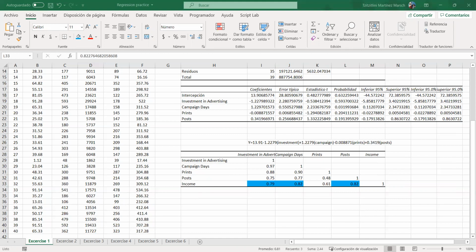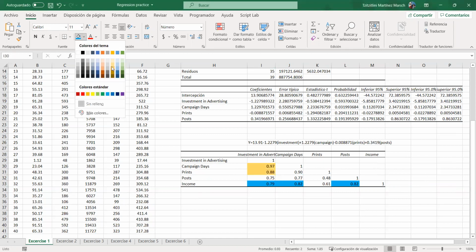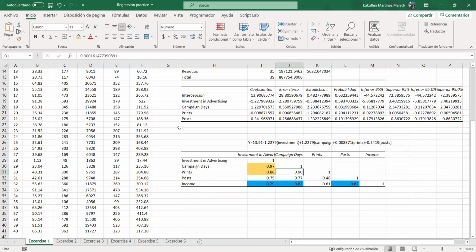So the idea is to keep one for the model and not the others. So if I look at this, these right here are 0.75. This is 0.75, and so is this greater than, and basically that's it, okay?